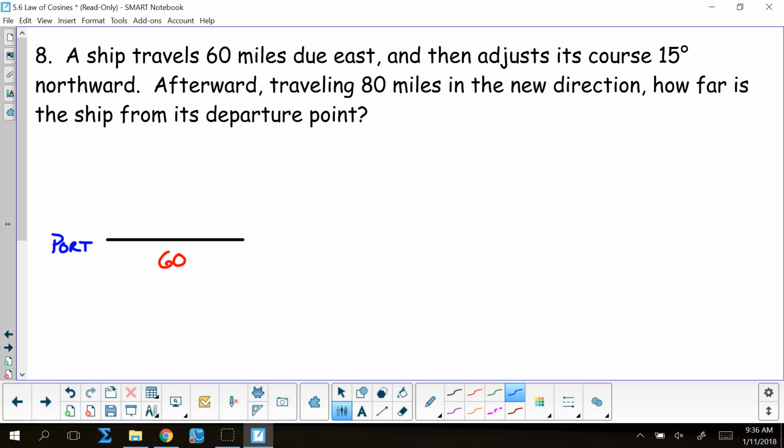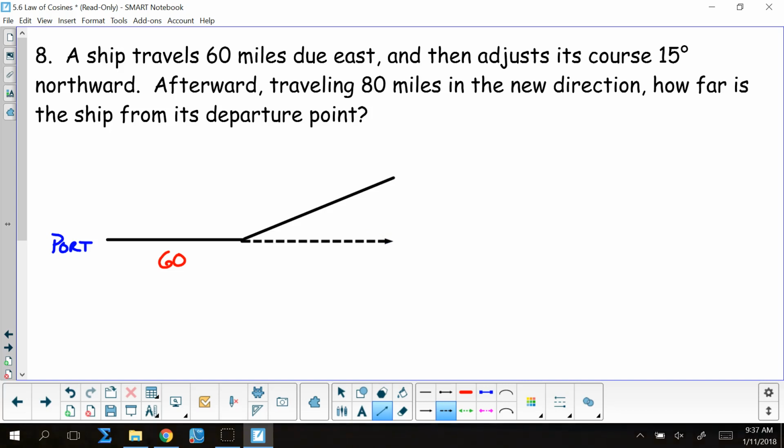Then it adjusts its course 15 degrees northward and travels for 80 miles.